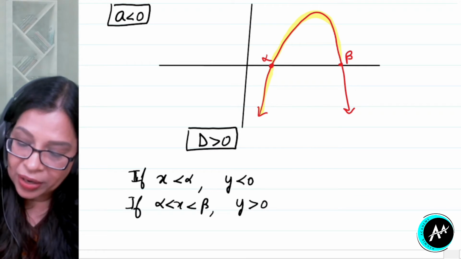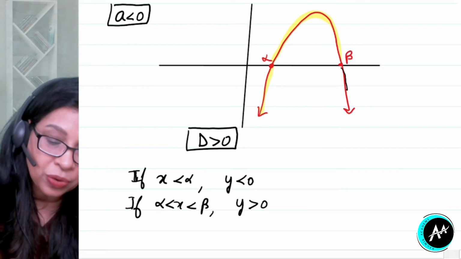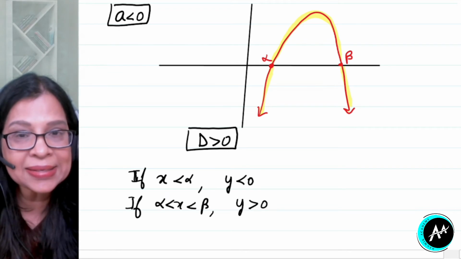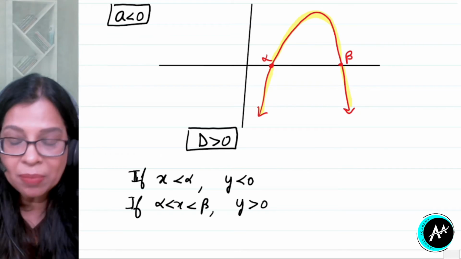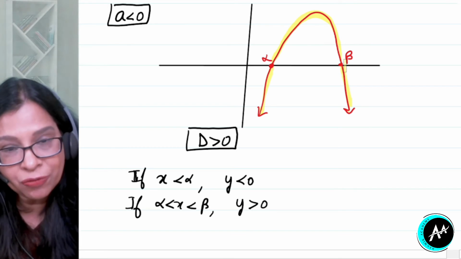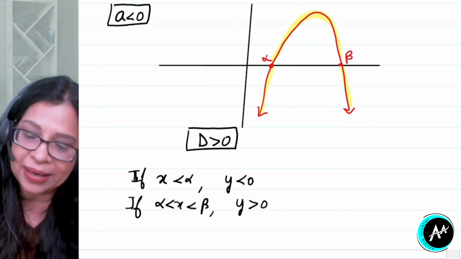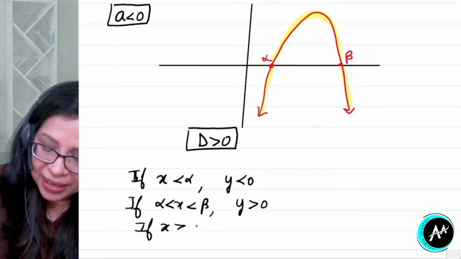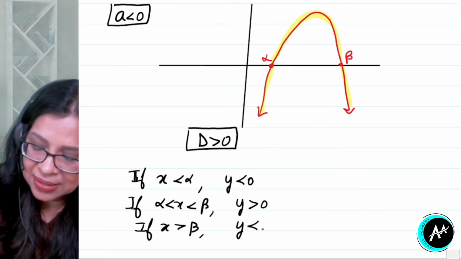Now see the third one, this part of the graph. Okay, now look at this part of the graph. This is below x-axis. Now what are the values taken by x after beta? So x is greater than beta, graph is below x-axis, so y is negative. So we can say if x is greater than beta, then again y is negative.